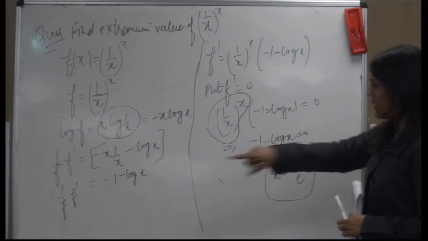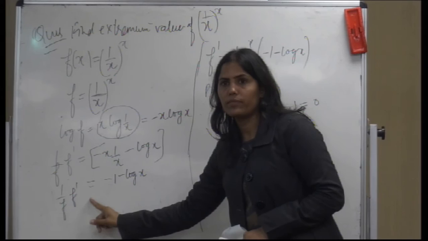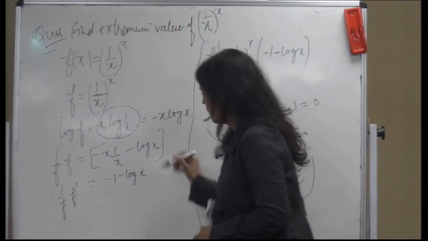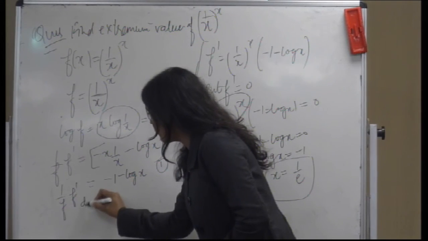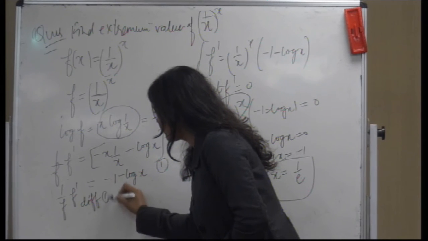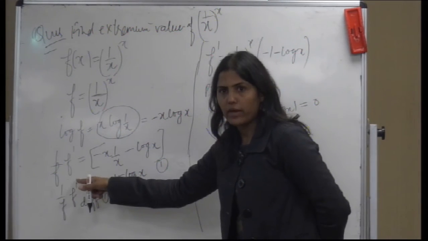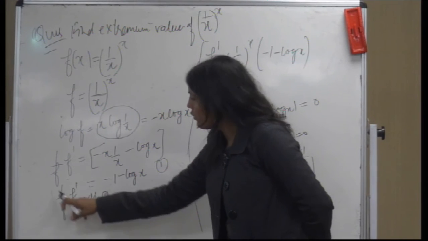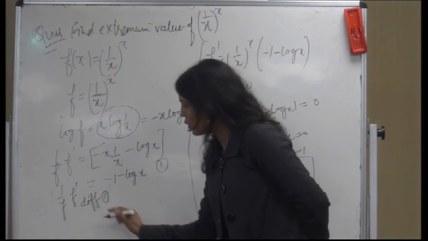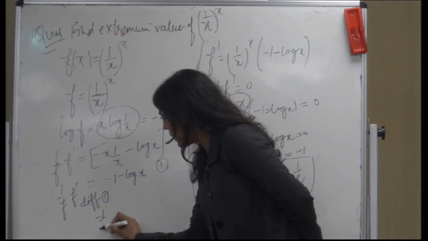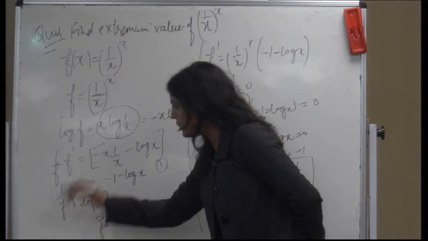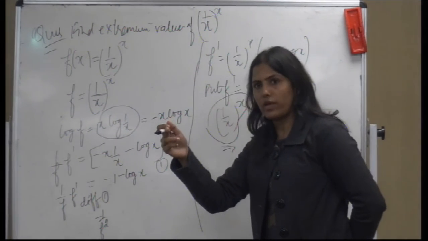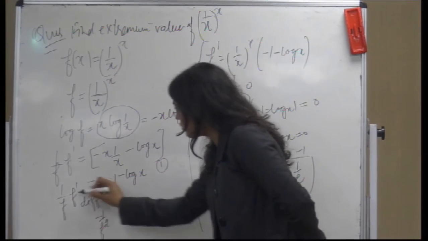I need that side. What I'll do, I'll differentiate this, and how I'll do it, please learn. This is 1 by f dash. So this is a product of two functions. Derivative of the first will be minus 1 by f square, and then the derivative of f will be f dash, and one f dash we already have.